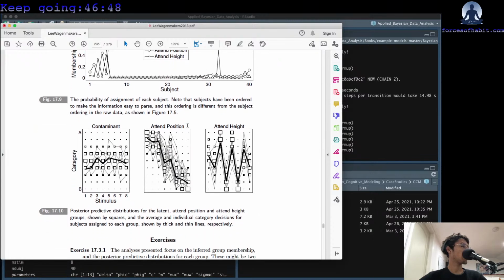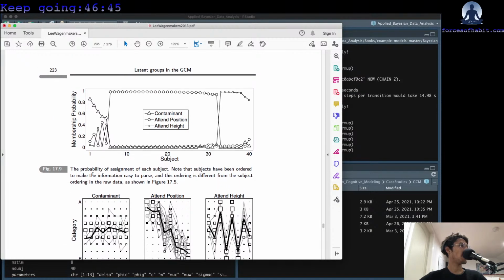Let's take a look. So we get a couple plots here. Plot 1 is the probability assignment of each of the subjects. For a given subject, what is the probability that they were assigned to each of the categories? Subject 1 had the highest probability of being a contaminant subject, for example. The probability of being a contaminant subject for the first 5 or so subjects was highest, and then sharply decreased.